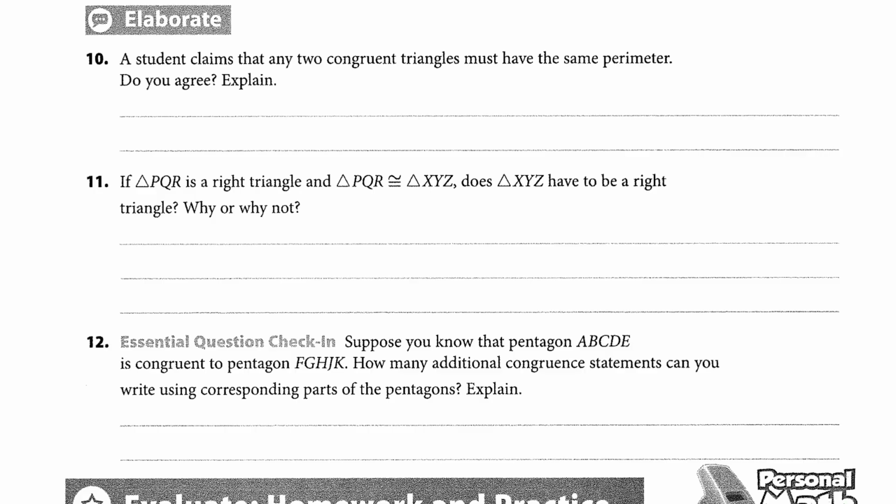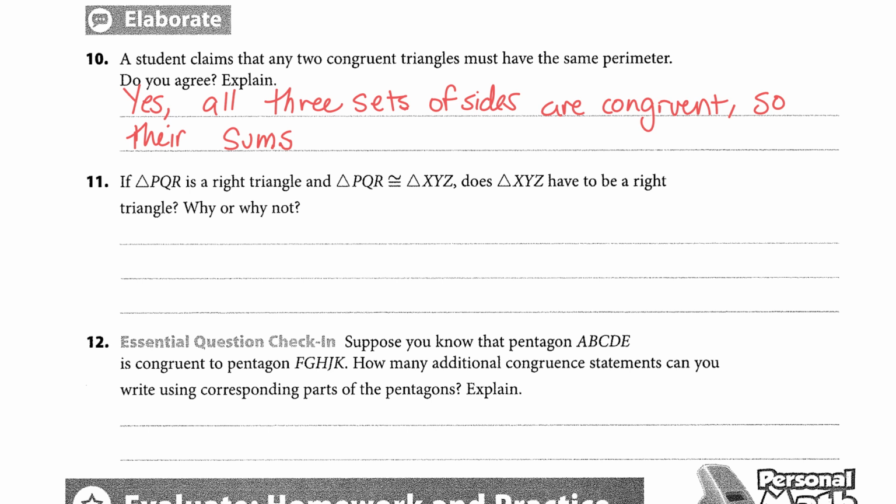10. A student claims that any two congruent triangles must have the same perimeter. Do you agree? Explain. Well, if all three sets of sides are congruent, then if we add all three sides together, their perimeters must also be congruent. 11.